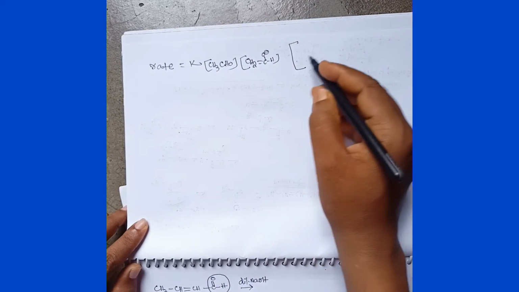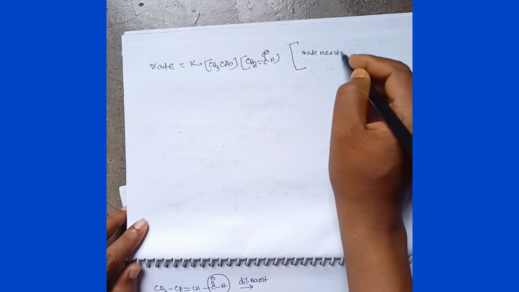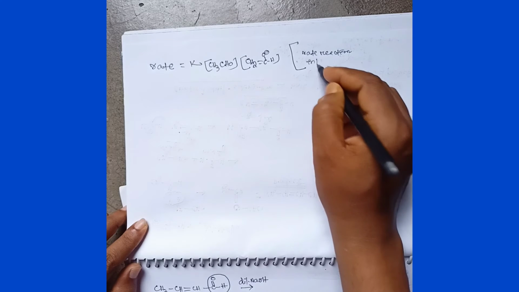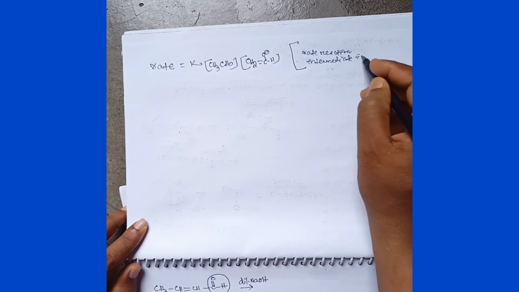We know that in the rate expression, an intermediate is not taken.